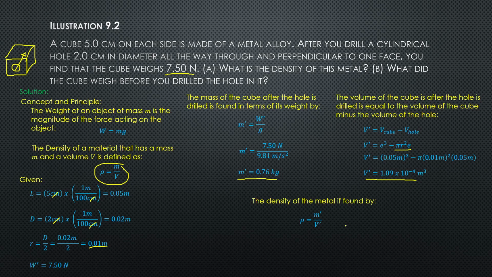Substituting those values, the density of the material will be equal to 0.76 kilogram divided by its volume, which is 1.09 times 10 to the negative 4 cubic meter, and the density of the metal is 6.97 times 10 to the 3, or 6,970 kilogram per cubic meter, and this is the answer for letter A.